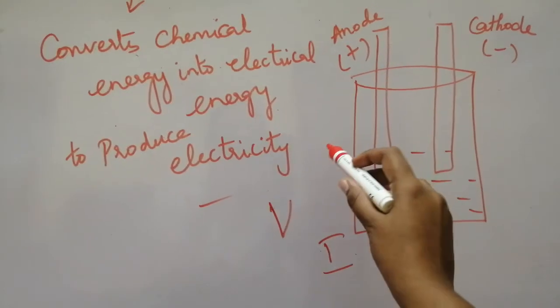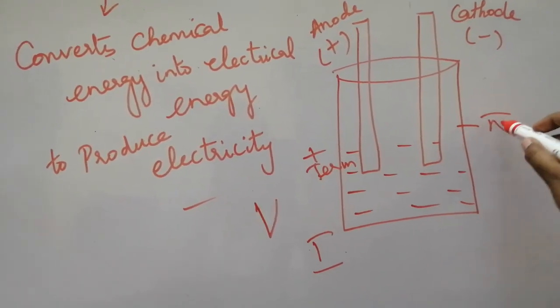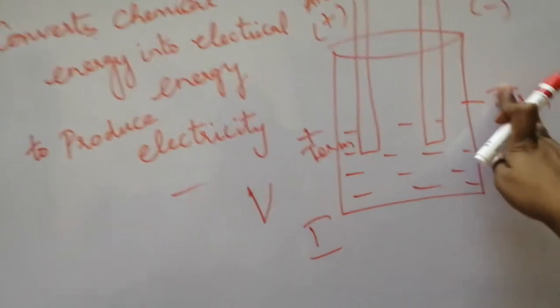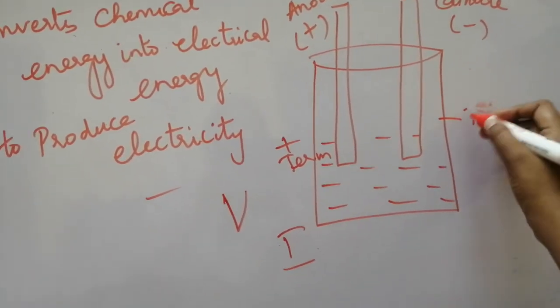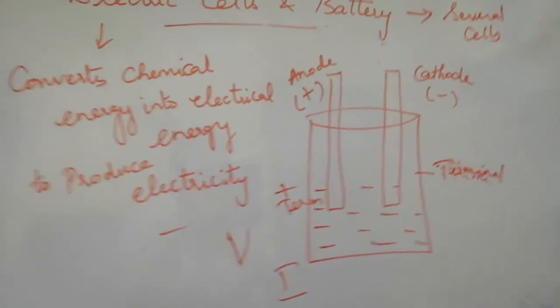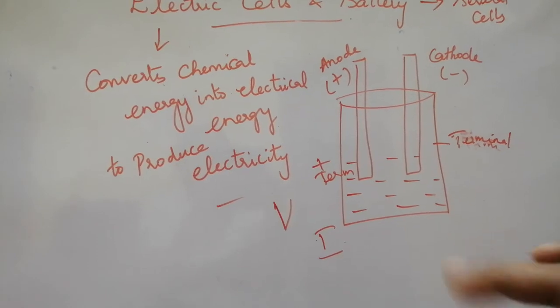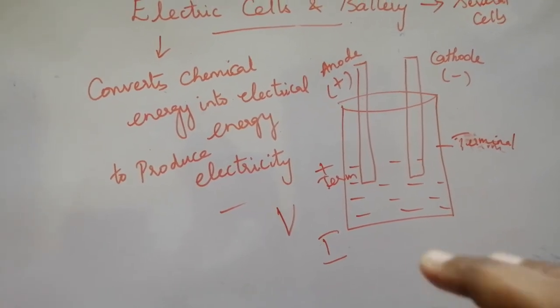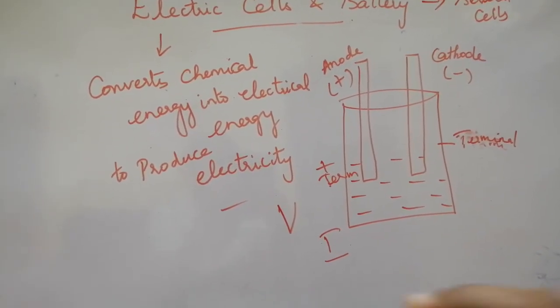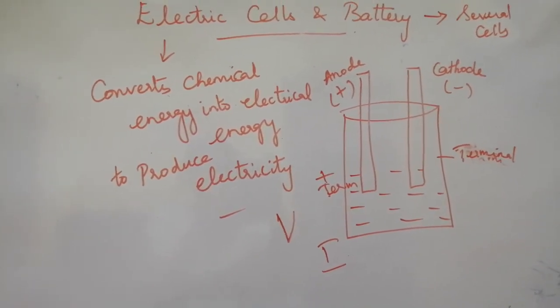So this forms the positive terminal of the battery, and this forms the negative terminal of the battery. This potential difference gives the energy, that is, it is what pushes the electrons. So it gives energy for the electrons to move out into the circuit.